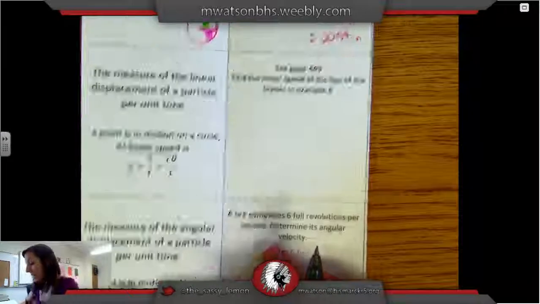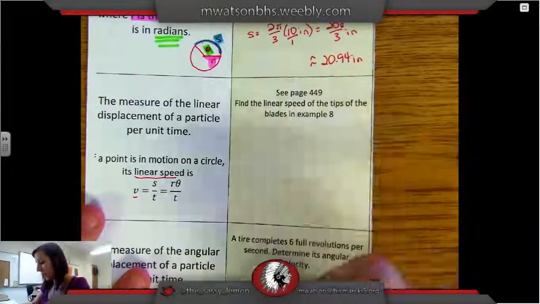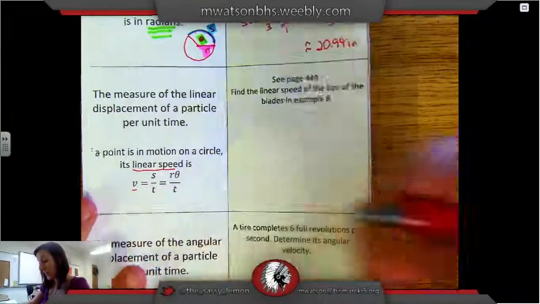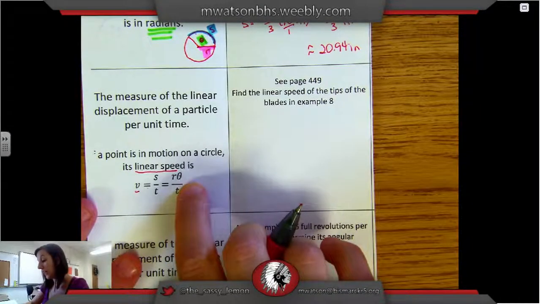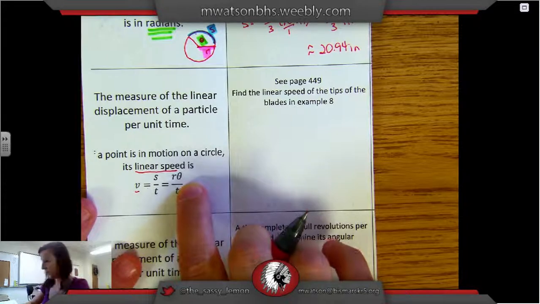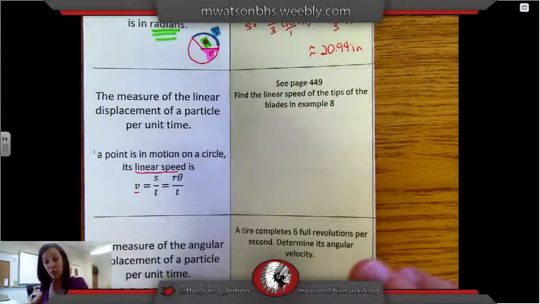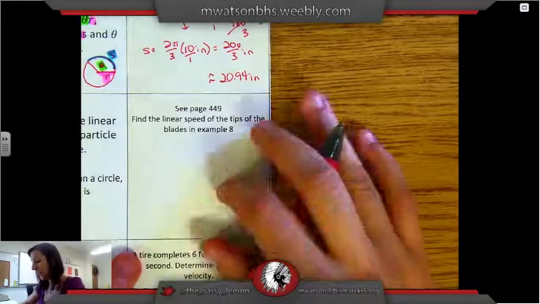So I'm not going to go through the trouble of highlighting all this, but if you want to pause and take the time to label each of these, that might be a good idea. Label t is time, r is radius, theta is the angle in radians. You know, if you want to do that, go ahead. So now what we're going to do is look at an example.